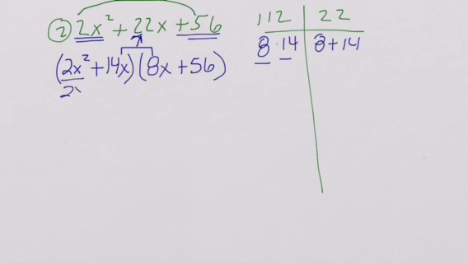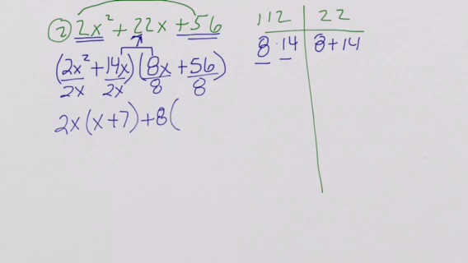So now we're going to take out 2x, and we're going to take out 2x. So we're going to have 2x times x plus 7. And then we're going to take out an 8 and take out an 8.